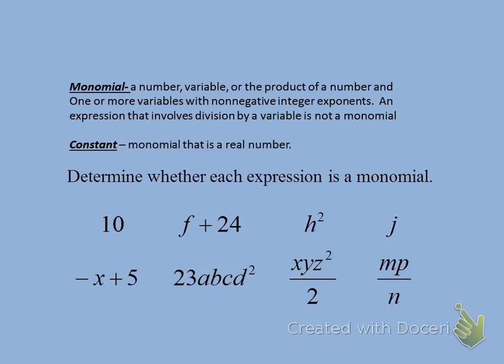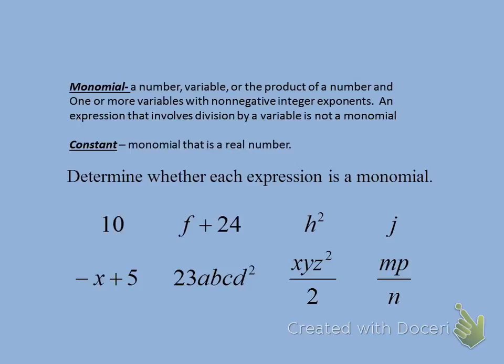Constant is just a fancy way to say number. We have 8 expressions down there to determine whether each expression is a monomial or not. I'm going to go through and talk about each one, cross out the ones that aren't, and circle the ones that are.